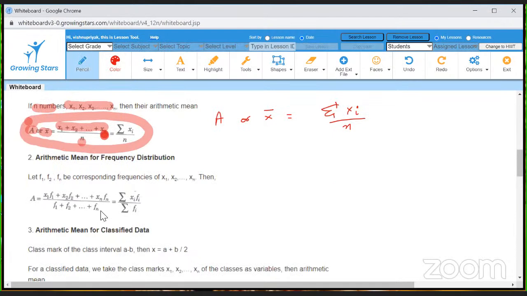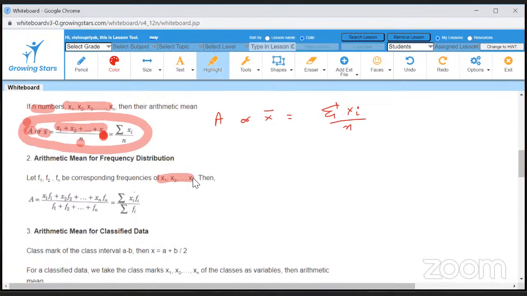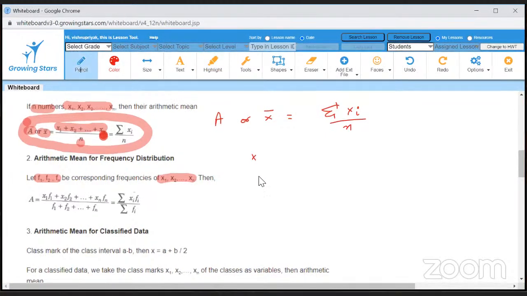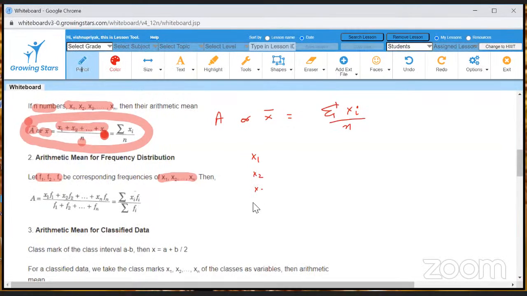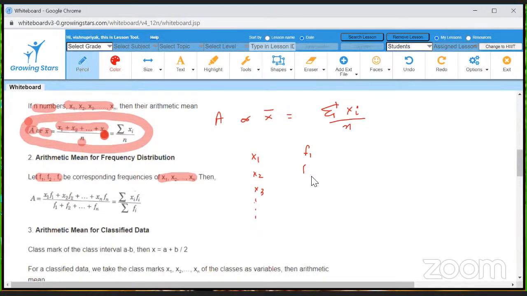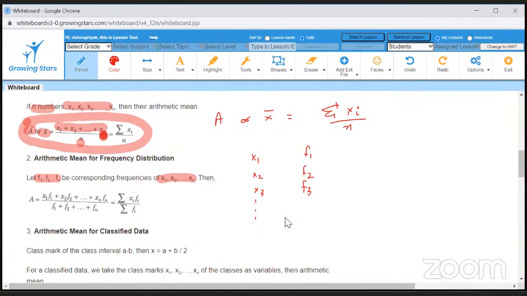But if you are given a table, you are given the numbers and how many times they are occurring. Frequency is given. So one column is x1, x2, x3, the heights. The other column is how many are having x1 height, how many x2 height, how many x3 height.